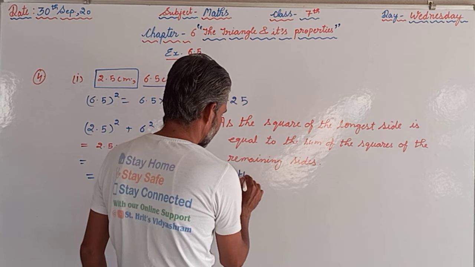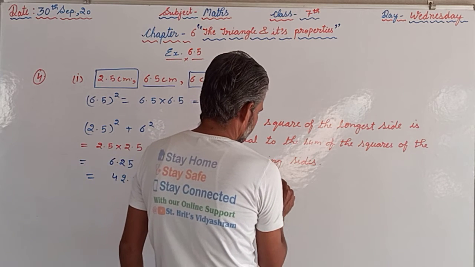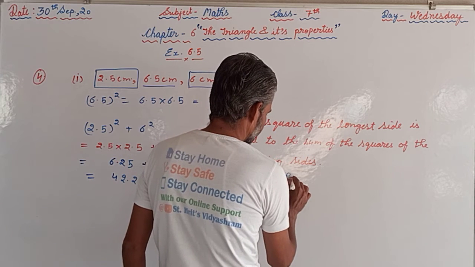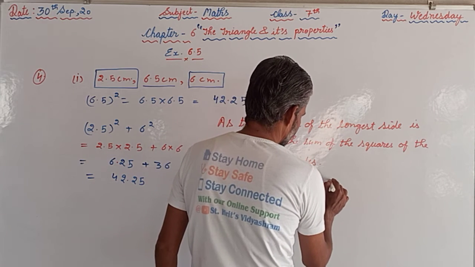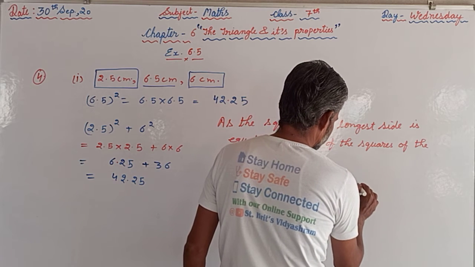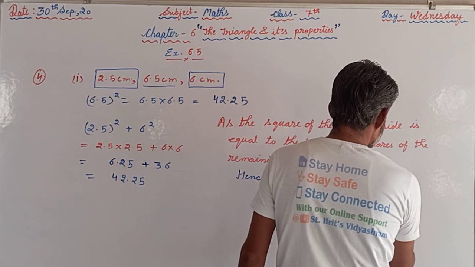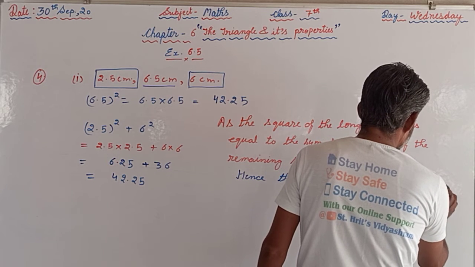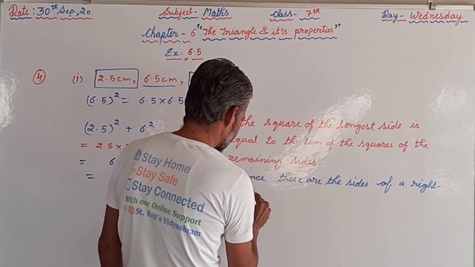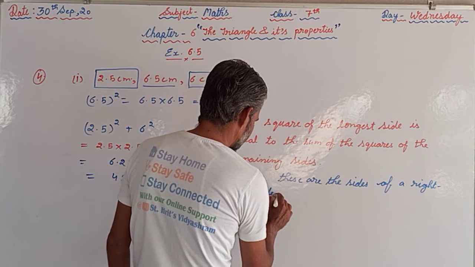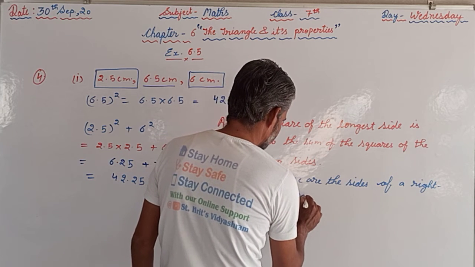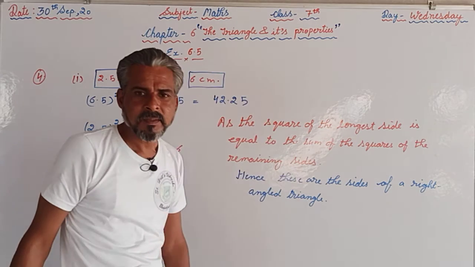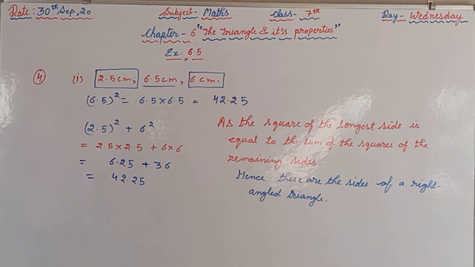Hence these are the sides of a right angled triangle. Right angled triangle. So that will be the complete answer.